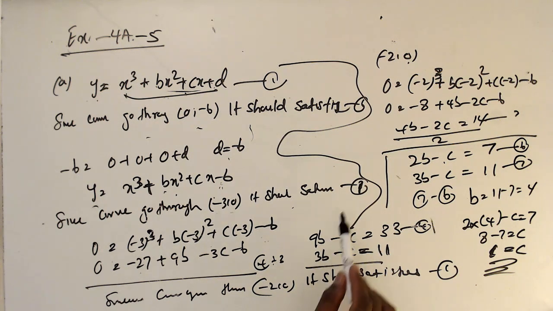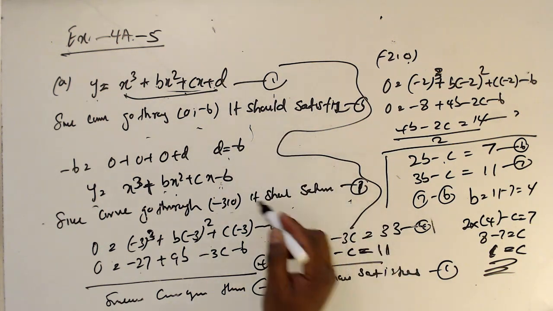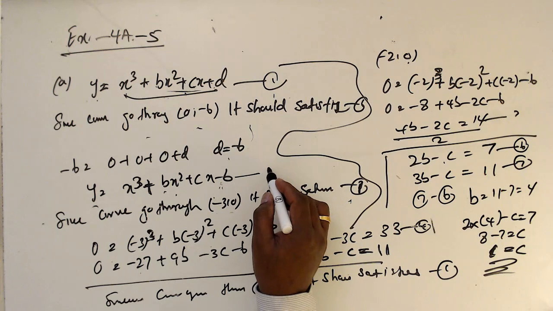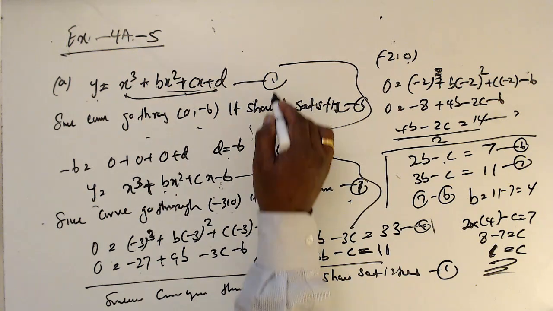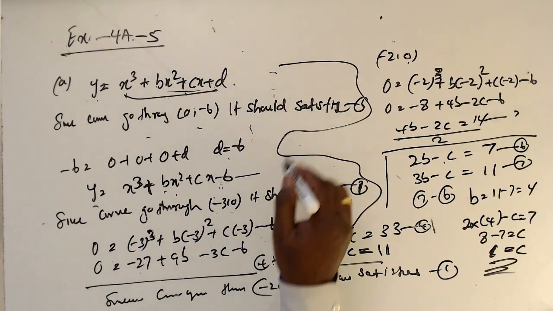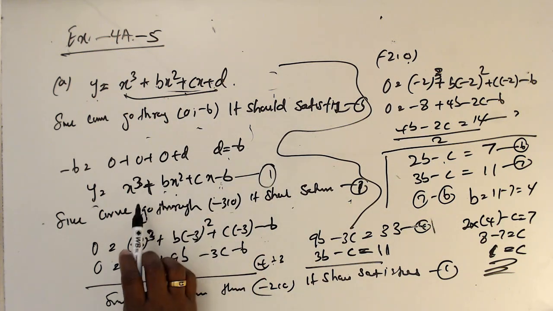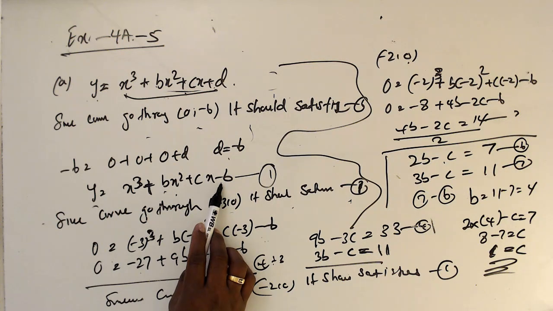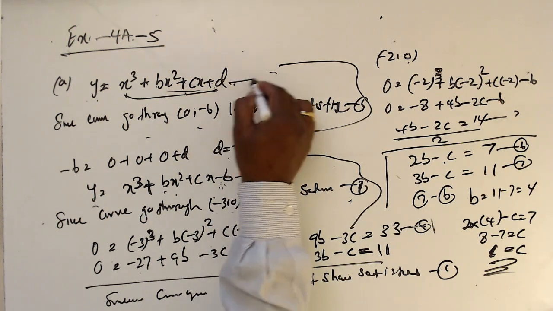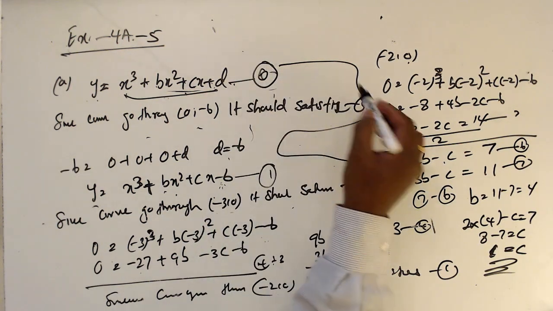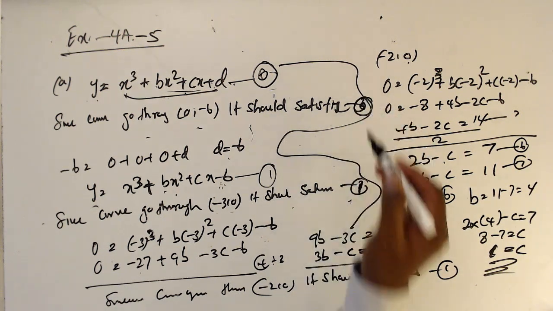Substitute 1. Now already you know that minus 6. This is 0. Substitute to 0.